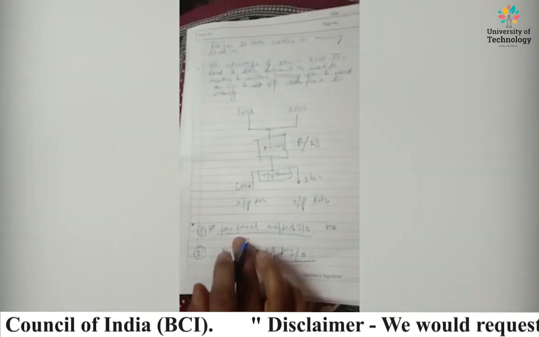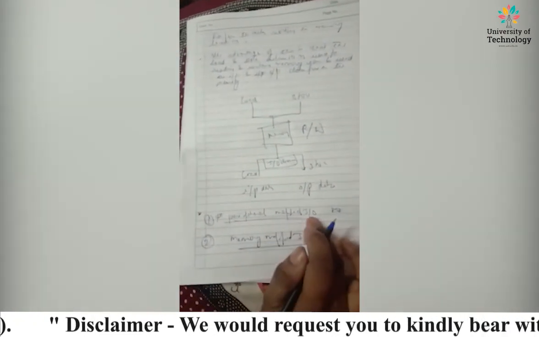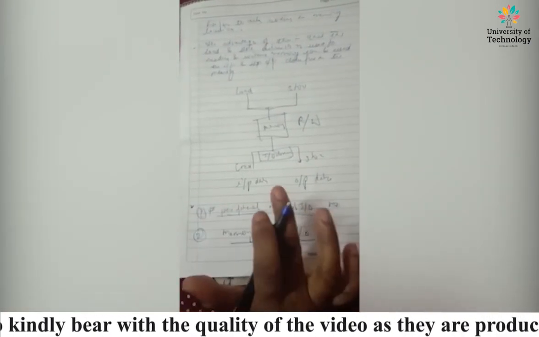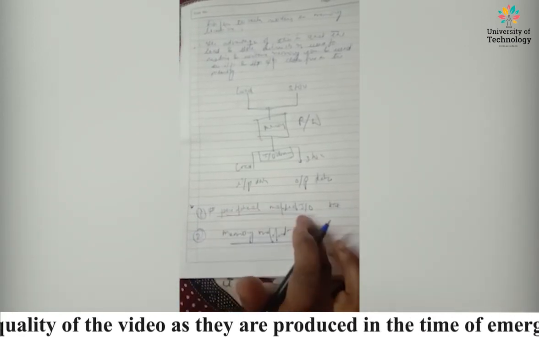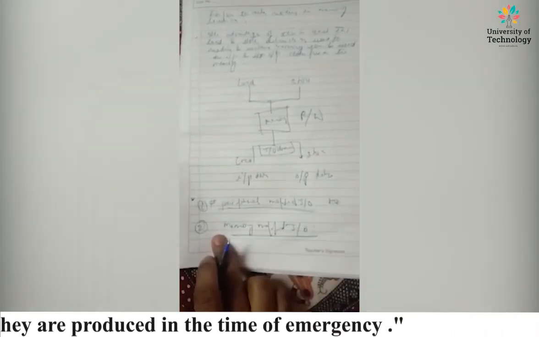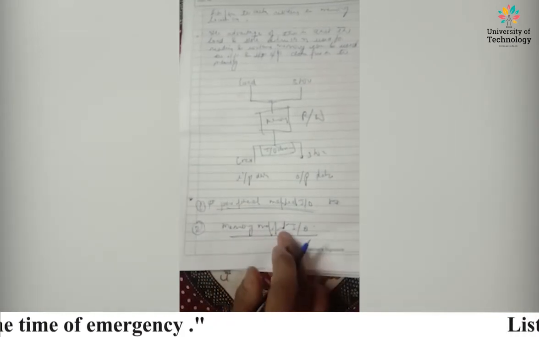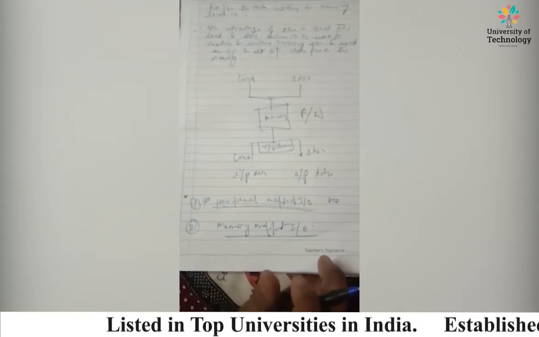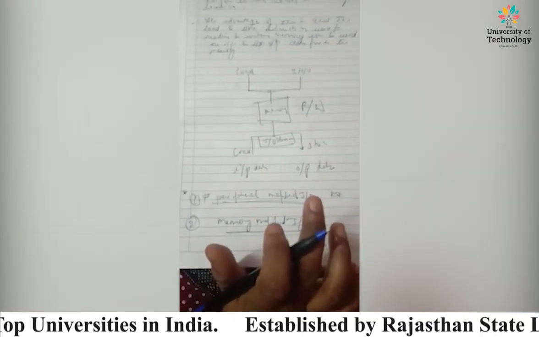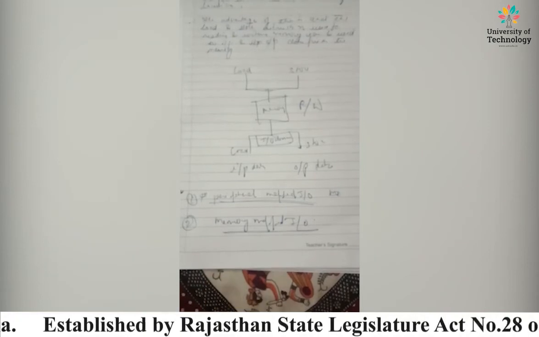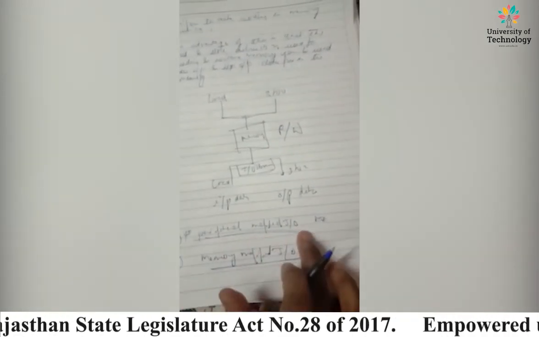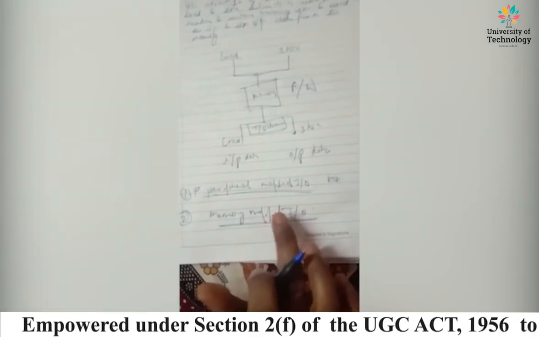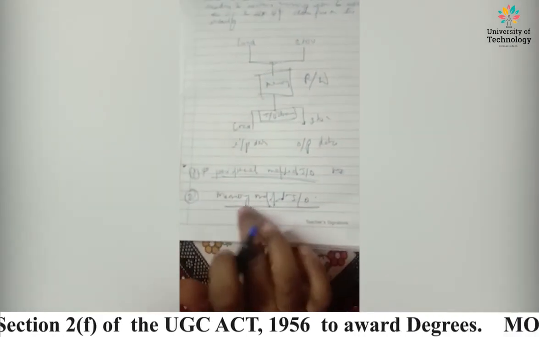The address which has been assigned to the memory location can also be assigned to the input output devices in case of peripheral mapped input output, whereas in case of memory mapped input output, the address which has been assigned to the memory location cannot be assigned to the input output devices. It was just reverse in case of peripheral mapped input output devices, right? So this is the major difference between peripheral mapped and memory mapped input output.